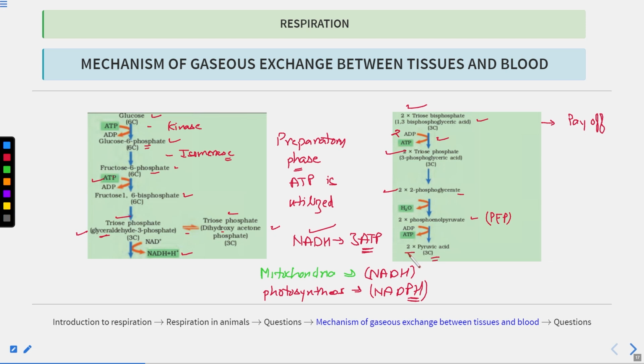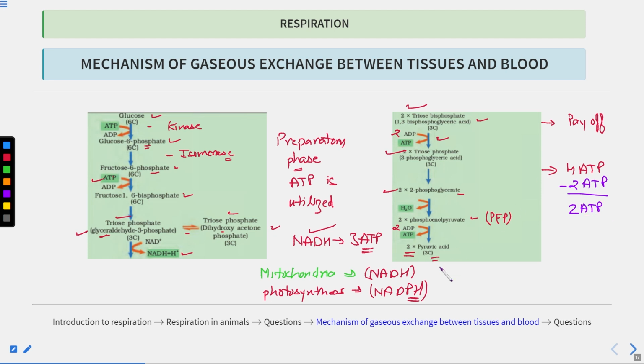Two molecules of pyruvic acid are formed at the end, and here also two molecules of ATP will be synthesized. So during this phase, 4 ATP are synthesized, and during the preparatory phase, 2 ATP were utilized. So we subtract 2 ATP from 4 ATP, and the net gain during glycolysis will be 2 ATP molecules.